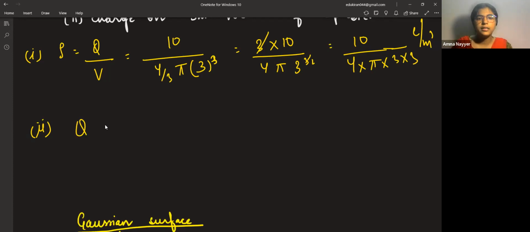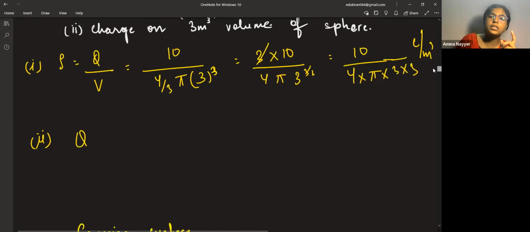It's just that here the charge on specifically 3 meter cube is asked. Right, here the charge on 3 meter cube volume is asked. So for that also, the same thing is occurring. If you are multiplying this, you require this. How will you get this? We are doing the same thing. We are also ultimately multiplying this. So it's actually the same.